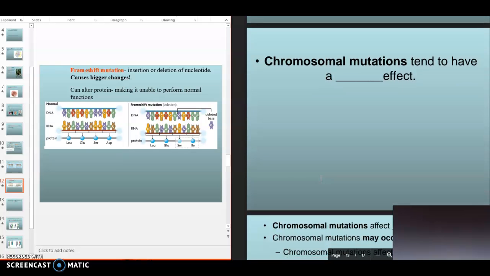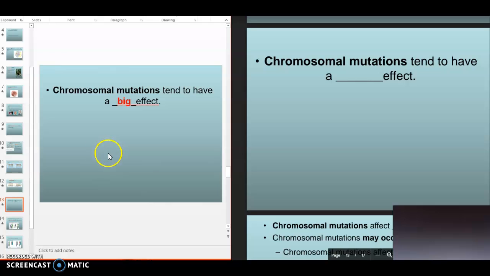All right. So chromosomal mutations tend to have a big or large effect. So when you mutate a chromosome, instead of mutating a specific gene, say this is a chromosome here. I'm talking now a huge chromosome. And instead of having one gene, we'll say every single one of these little circles represents a gene.